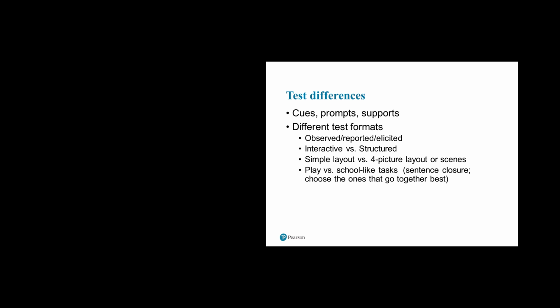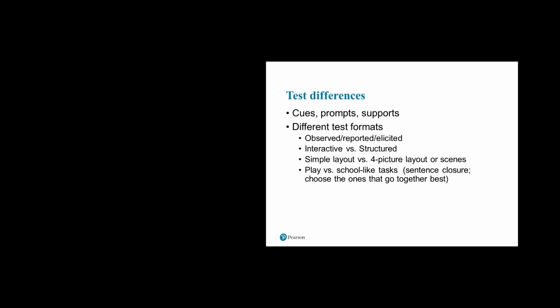Well, unlike typically developing children who have solid abilities and can perform tasks in multiple contexts, children who may have impairments are more sensitive to varying formats, contexts, and communication partners. And because this population may be delayed or disordered, the circumstances under which they demonstrate skills may vary.